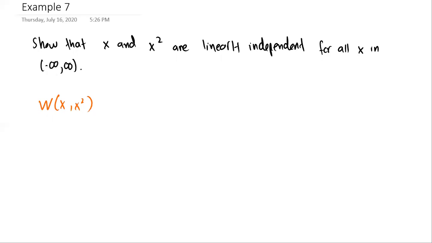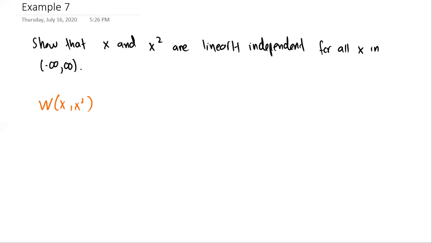All we have to worry about is that there are two functions, and they need to be at least one time differentiable, which they are. The derivative of x is 1, the derivative of x squared is 2x, so those exist everywhere. So we can calculate the Wronskian on the whole interval I equals negative infinity to infinity.